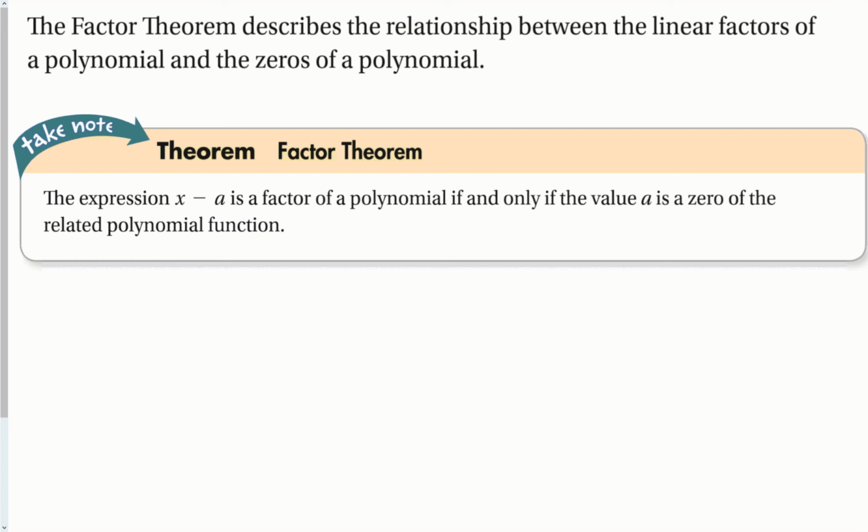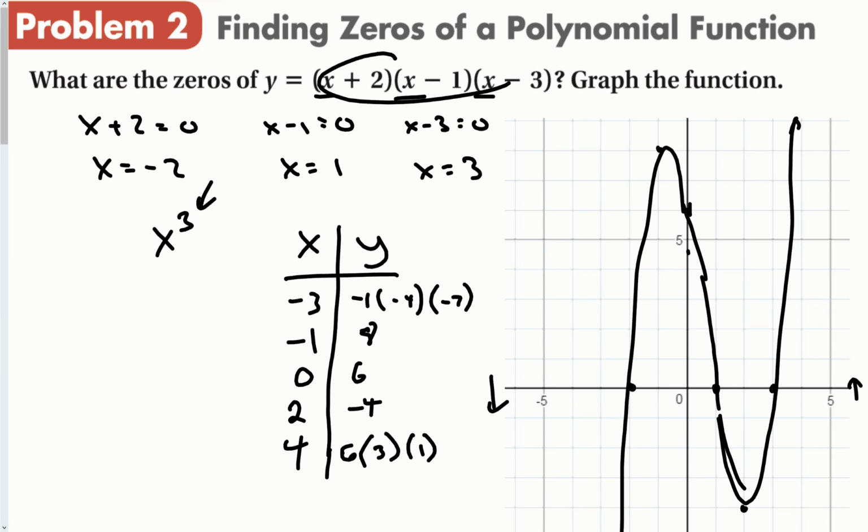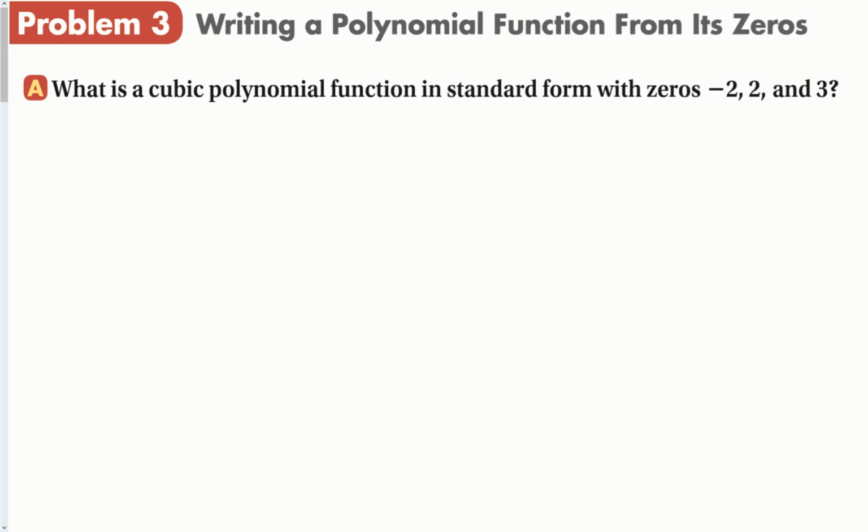Okay, so the factor theorem describes the relationship between the linear factors of a polynomial and the zeros of a polynomial. So that means that x minus a is a factor if and only if a is a zero of the polynomial function. Okay, so that means we can go back and forth. If we have factors, we can calculate the zeros, and if we have zeros, we can calculate the factors.